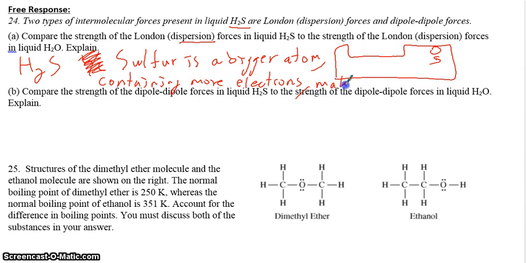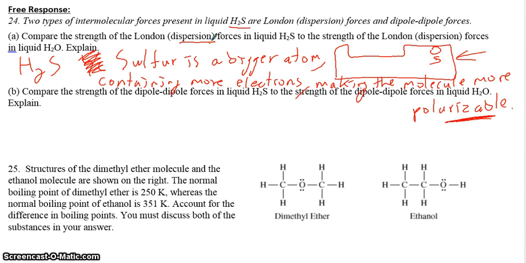That's a good word. These are actually good terms to use. Polarizable, just like effective nuclear charge was a good term to use in the periodic table chapter. And notice the connection: the word polarizable is good to use when describing dispersion forces.